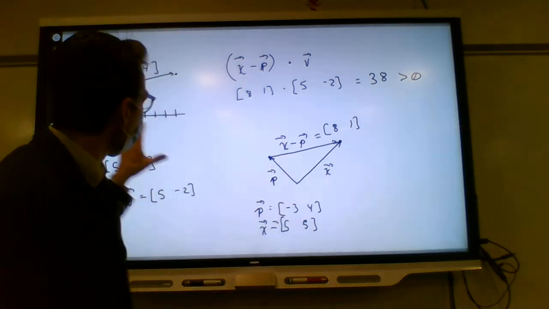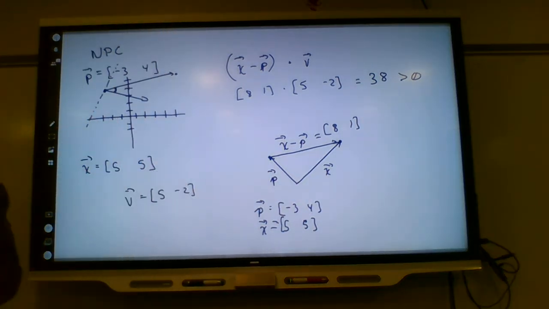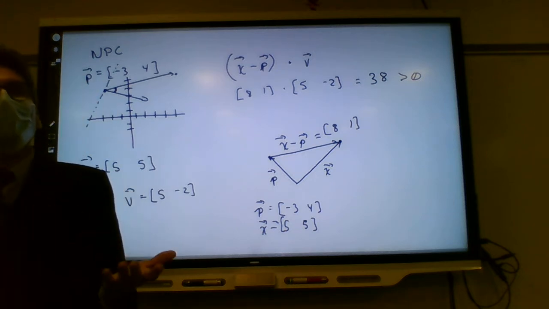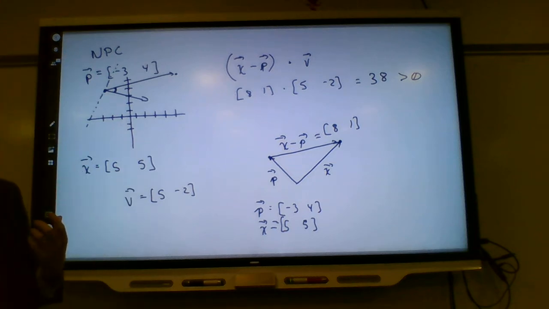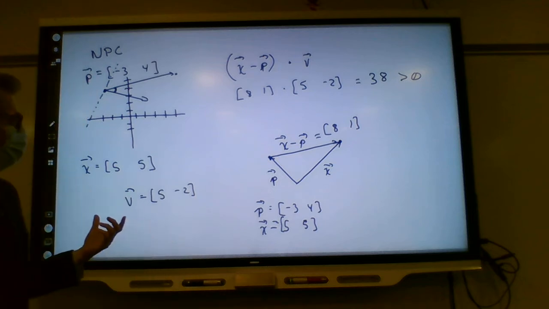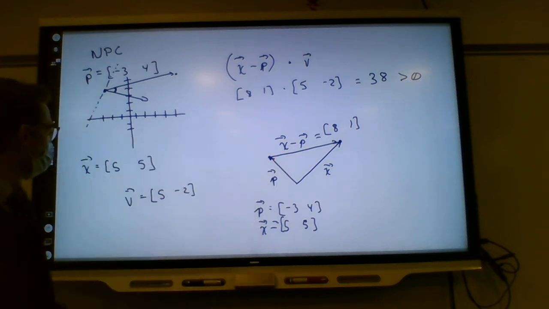All right, so here's the idea of blending or blurring the distinction between a point and a vector. Now, they're not the same, right? You can't add 2 points together. But if we use the vector type to describe a point, then we can think about calculations and we can do things with that.